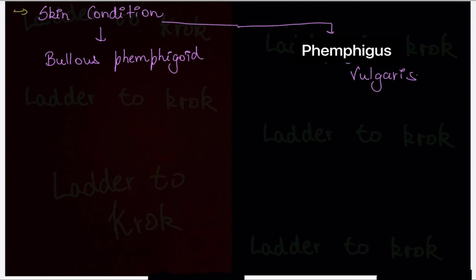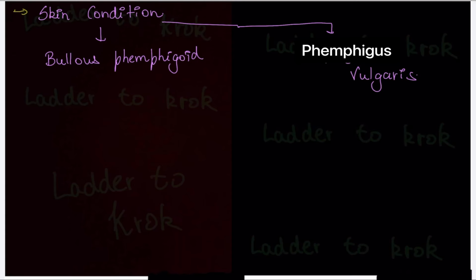Bullous pemphigoid looks like bubbles on the skin, and they are a little bit red. Pemphigus vulgaris appears as black, red, and brown type of skin, a very vulgar type of appearance.